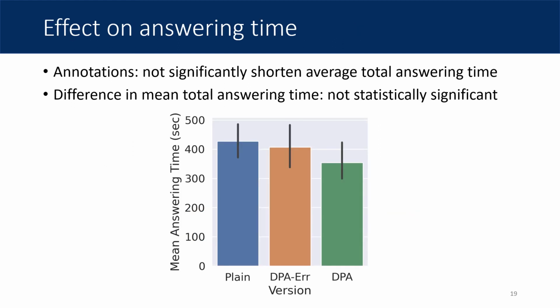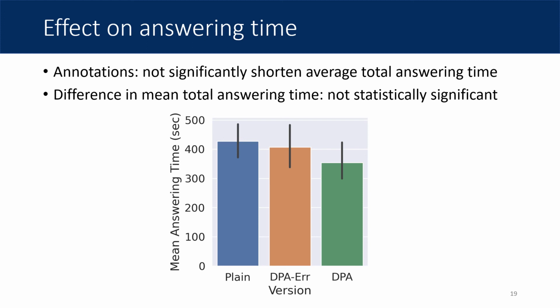Further analysis shows that annotations do not significantly reduce the effort of reading the policy text, as indicated by the shorter average total answering time. The difference of average total answering time among the three configurations is not statistically significant, with a p-value of only 0.66.